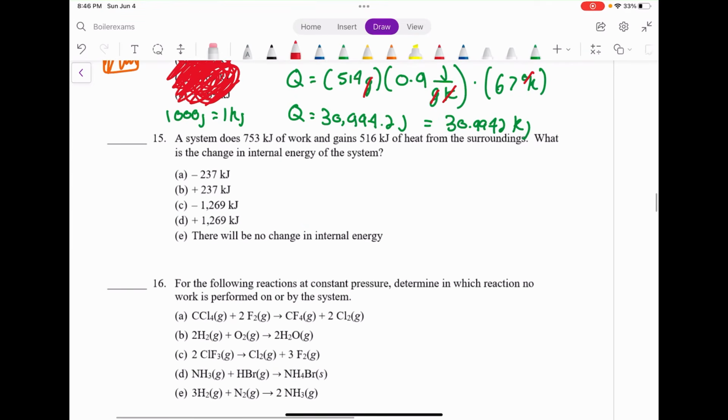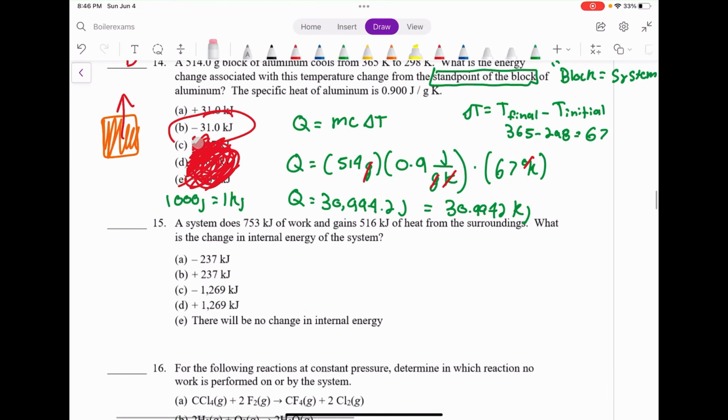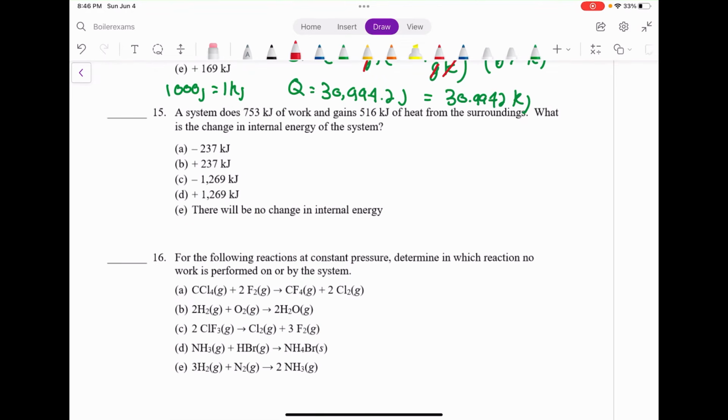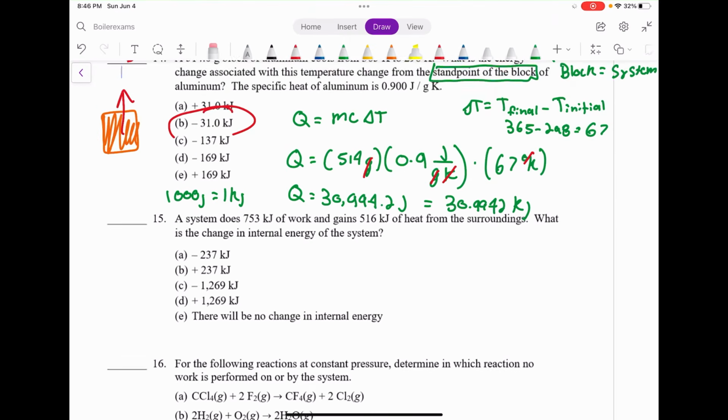Okay, 15. A system does blank kilojoules of work and gains other kilojoules of heat from the surroundings. What is the change in internal energy of the system? Okay, another thermochem question. Do we know system and surroundings?